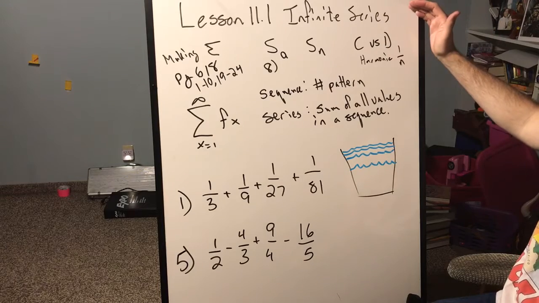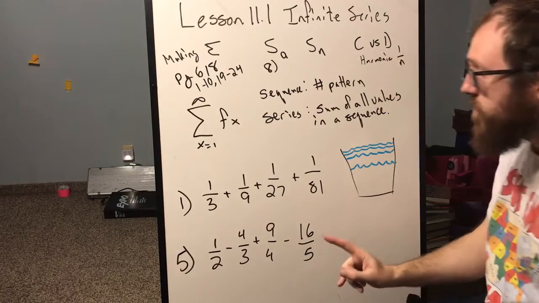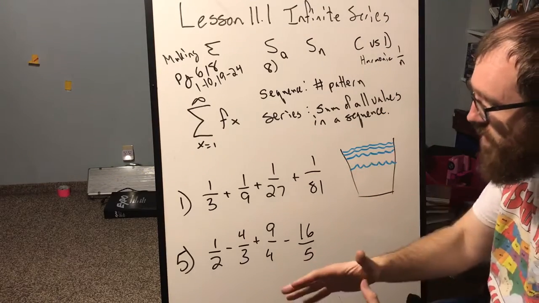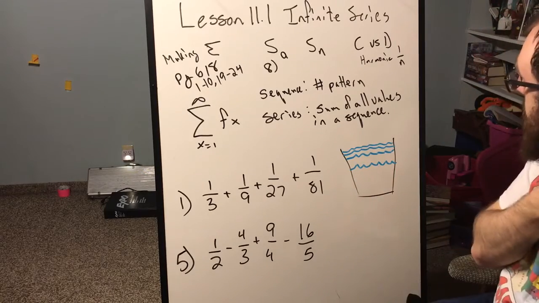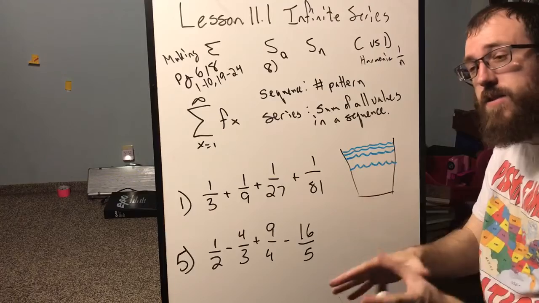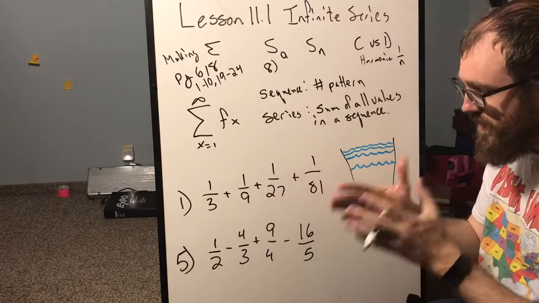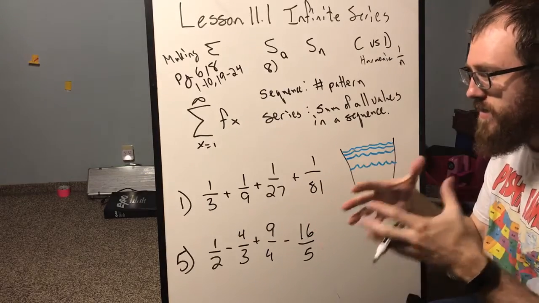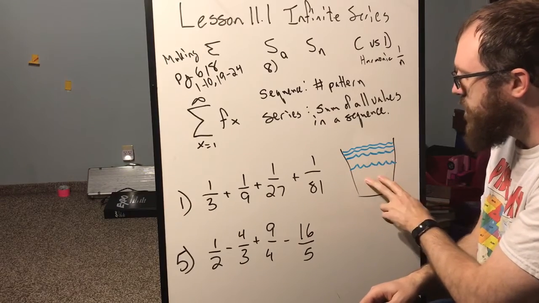Now, today's lesson is going to be broken across a couple different things. First, we're going to talk about how to take a pattern and write a series. Secondly, we're going to be talking about how to take a series and calculate its value over a set chunk. And then we're going to talk about how to decide whether a series is convergent or divergent.